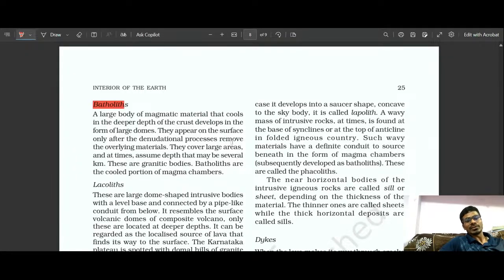Denudation means to denude, to uncover; with erosion activities it comes out and is quite visible. They cover large areas, at times the depth may be several kilometers, and these are granitic bodies. Batholiths are the cooled portion of a magma chamber.